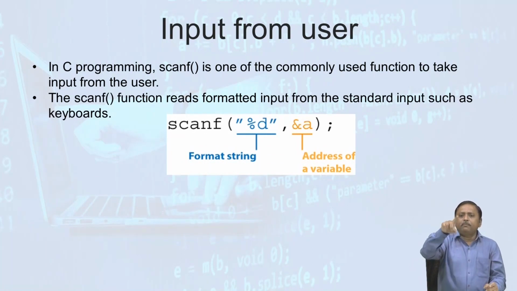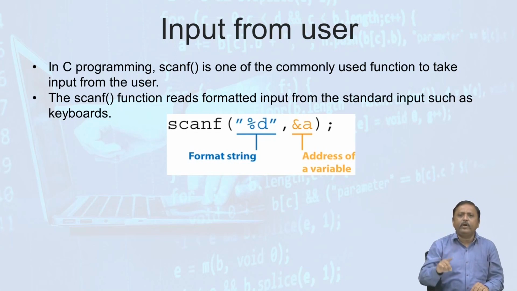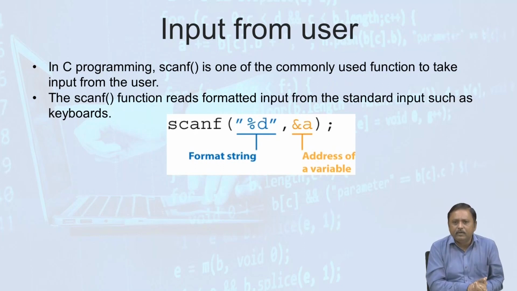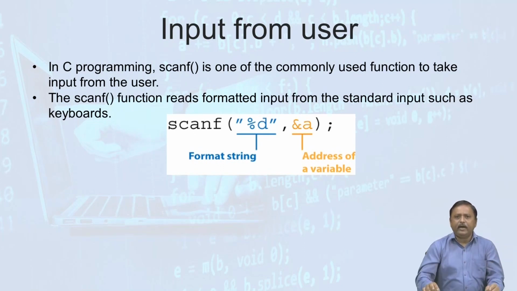So the meaning of these format strings is fixed, and whatever format string we write, accordingly C will fetch data from the user and store that value in the variable specified. But remember, here we have to write ampersand, otherwise it will result in some logical error, right? So you have to write ampersand and then the name of the variable.